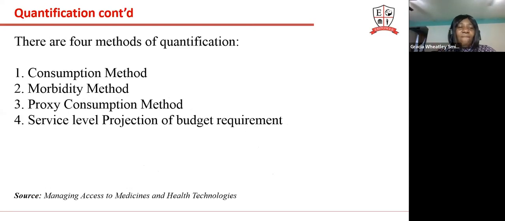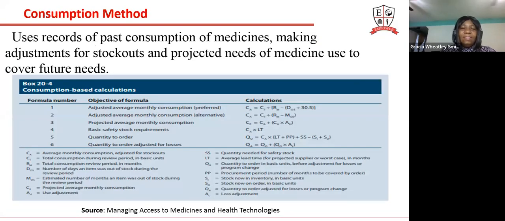So there are 4 methods of quantification: consumption method, morbidity method, proxy consumption method, and service level projection of budget requirements. And these are some of the records.